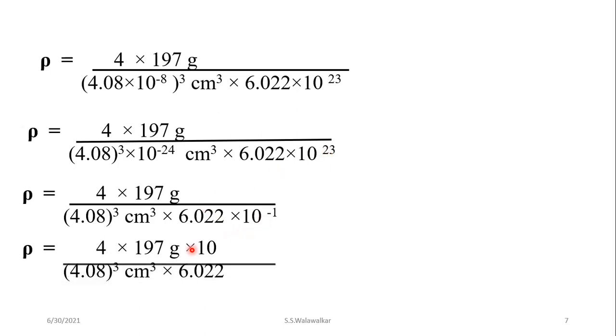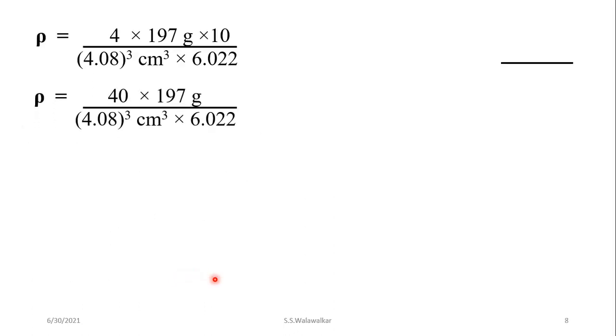Therefore rho is equal to 4 into 197 grams into 10 raised to minus 1 taken to the denominator, so 10 divided by 4.08 raised to 3 centimeter cube into 6.022, that is Avogadro's number. So rho is equal to 40 into 197 grams divided by 4.08 raised to 3 into 6.022.